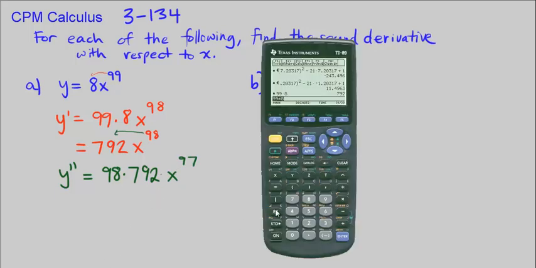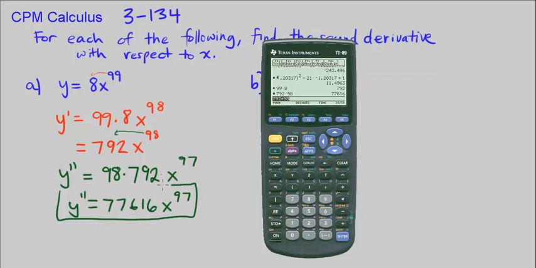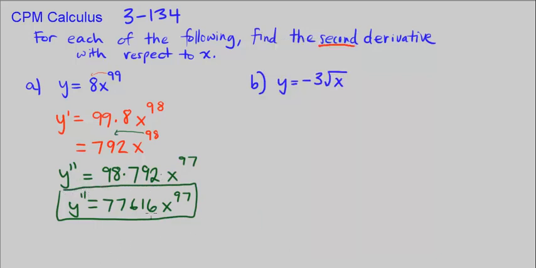So let's go ahead and multiply 792 times 98. We get 77,616 x to the power of 97. Okay? And this is the second derivative in part A. Alright, let's move on to part B.